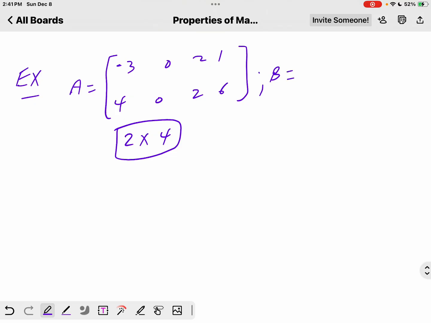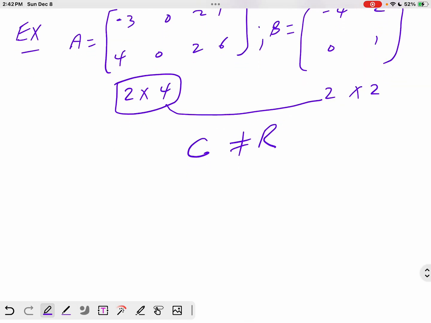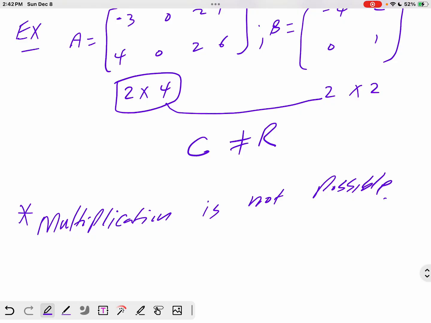B is -4, 2, 0, 1. So this one is a 2 by 2 matrix. So look here, 4. The number of columns does not equal the number of rows. So in this case, the multiplication is not possible.